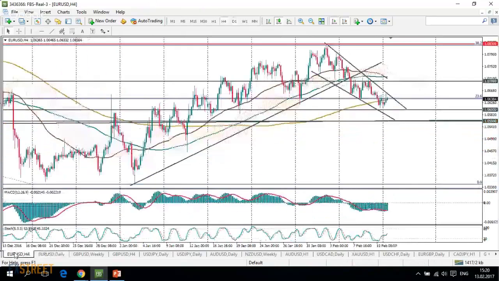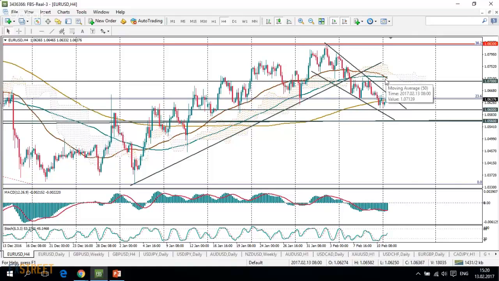We can have a look at the 4-hour chart of the euro dollar as well. The general idea here is that the pair has breached the trend line last week, the trend line of January, and is now able to descend lower. We can see that there is the negative intersection of the moving averages on the 4-hour chart.